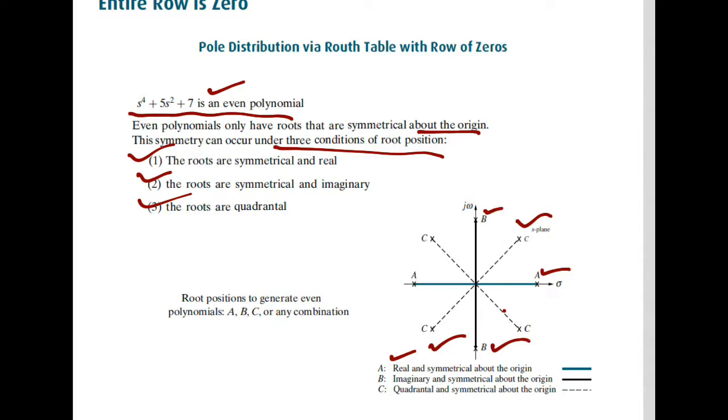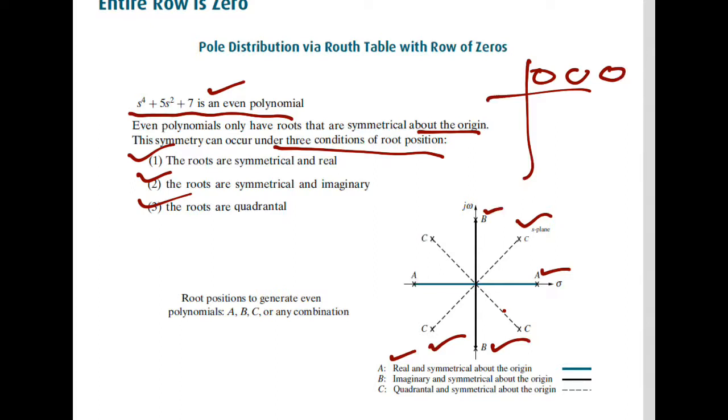Thus the row of 0 tells us the existence of an even polynomial whose roots are symmetric about the origin.